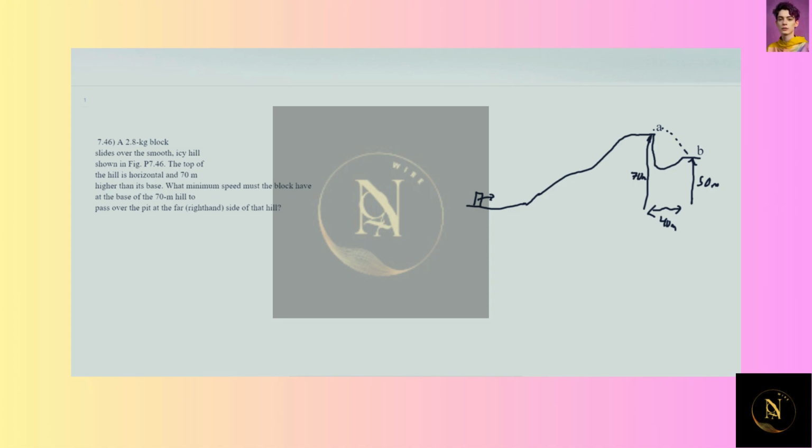Okay, so in order to go down from an elevation of A to B, there's only going to be gravity acting in that dimension. So I need to set up the distance is equal to 1/2 g t squared. So that's going to be 20 meters, the difference between those two, 70 meters minus 50 meters, is equal to 1/2 g t squared.